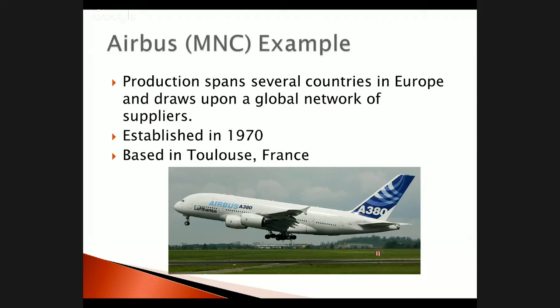Companies that build Airbuses can be found in Britain, France, Germany, Spain, and Belgium, and then they have different training and support centers in China, Japan, and North America. So this is an example where it's not just sales being done outside of France where they're based, but many different parts of the company's operations are in many different countries.